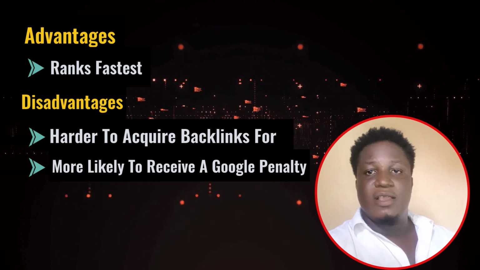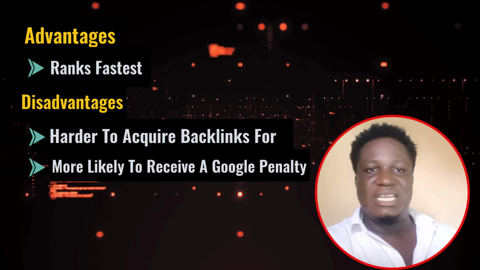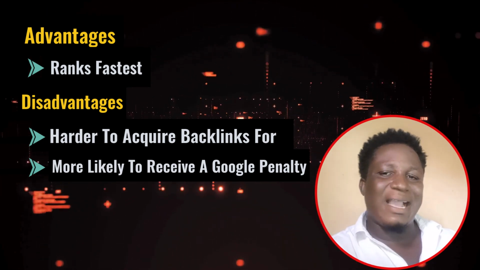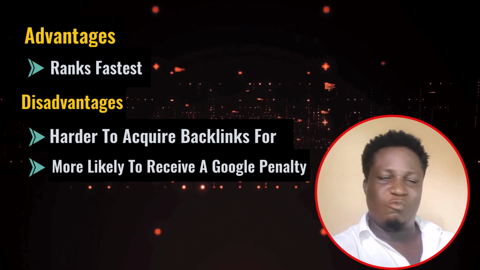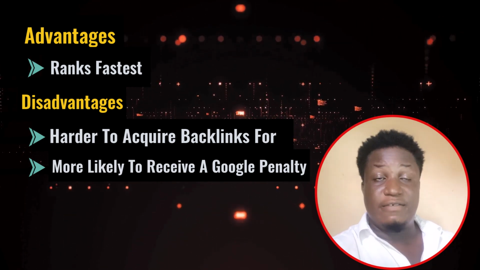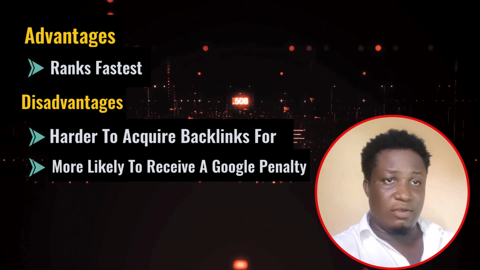Google knows Uber Suggest, and Uber Suggest is not trying to target any keywords in their brand name. So when they are building backlinks, they are building with their branded name, which is not linked to any keyword. So it is very, very hard for you to do that using an EMD domain.